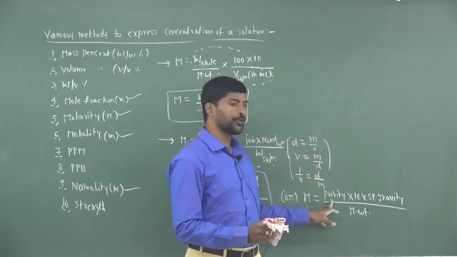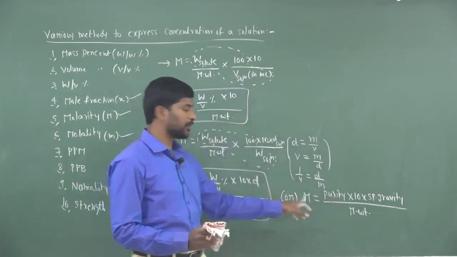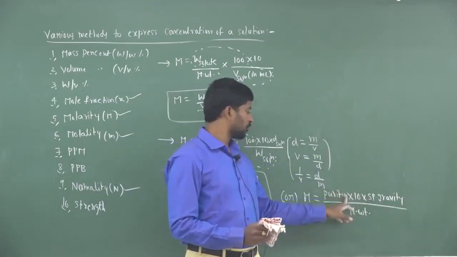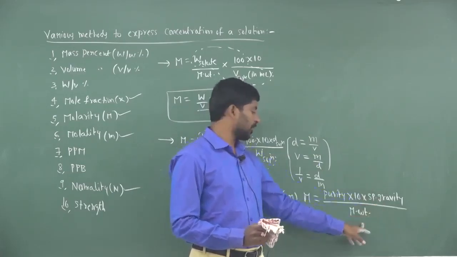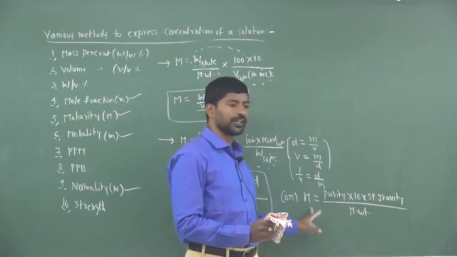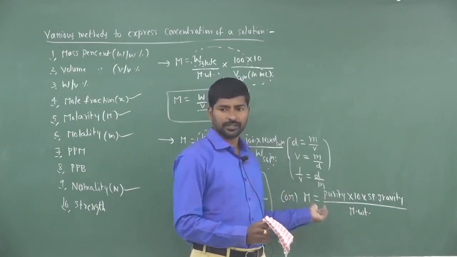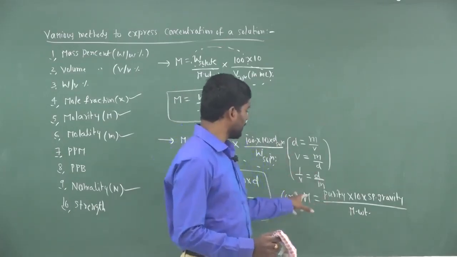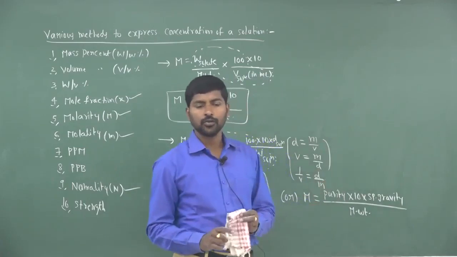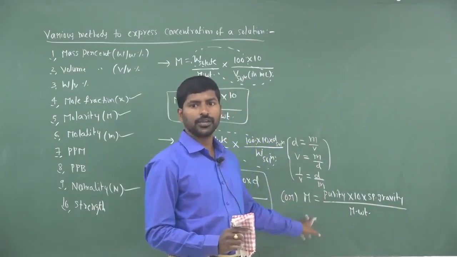On the bottle, the purity, weight by weight percentage, is mentioned, along with the specific gravity and molecular weight. We substitute those and get the molarity of that solution, and from that we can dilute to our required concentration.